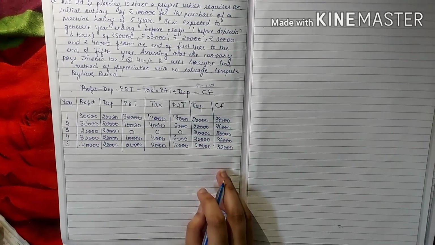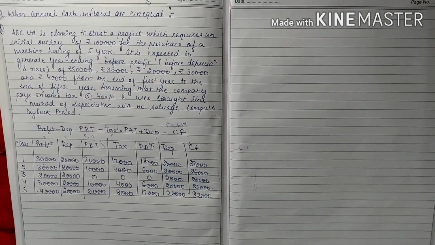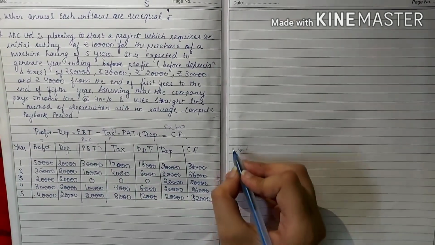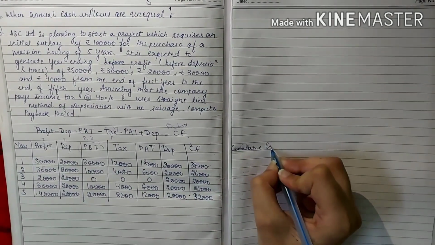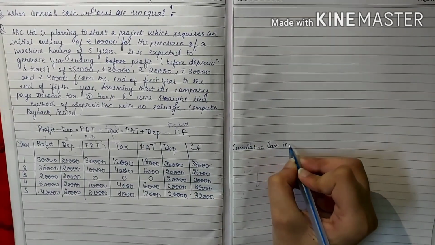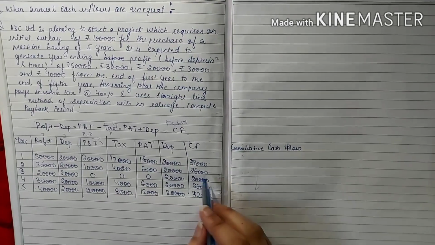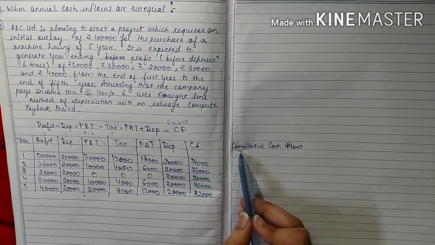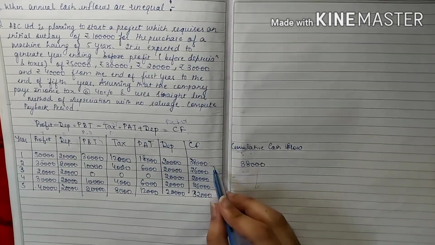Now since we have to calculate the payback period, we have to make an extra column of cumulative cash flow. The amount of the first year for cumulative cash inflow will be the same as that of cash flow.